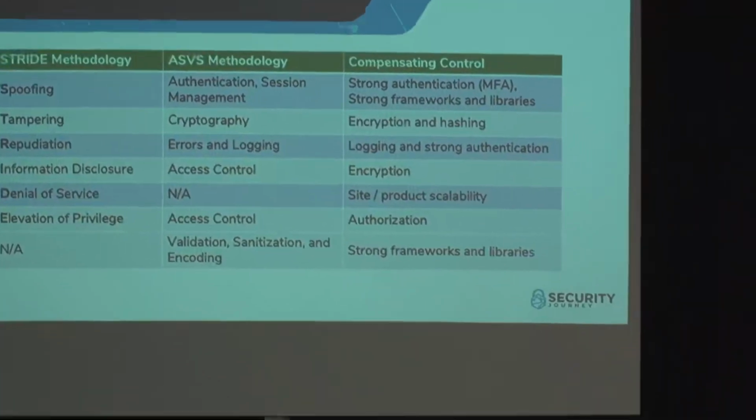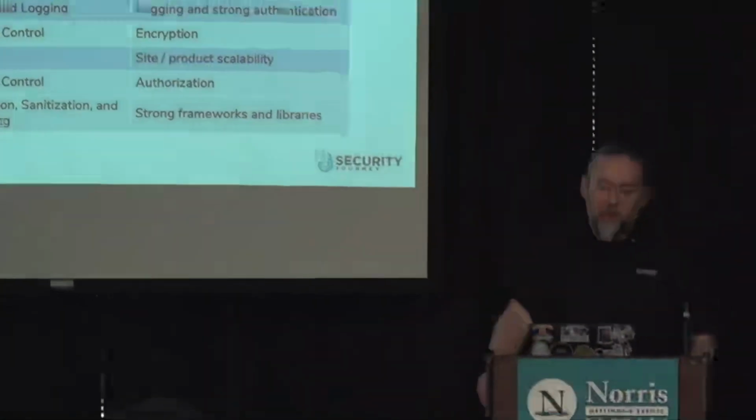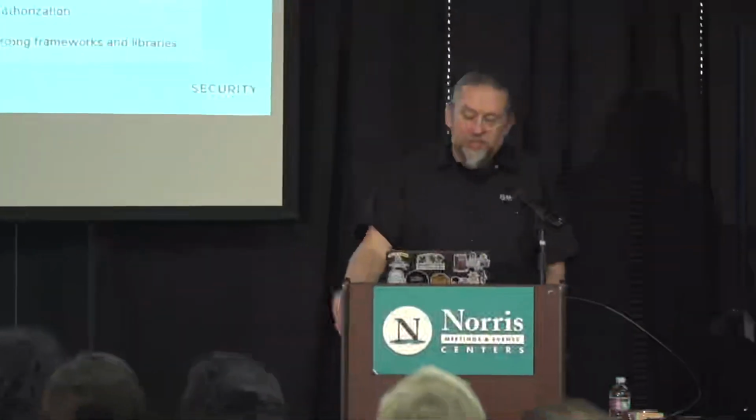This is all old stuff that's been said a million times, but this is the key. This is what we're trying to get to, those compensating controls, and that is why we do this whole process. And frameworks and libraries are really where it's at when you think about the best thing we can do to cancel as many threats as possible, at least in a web app world.